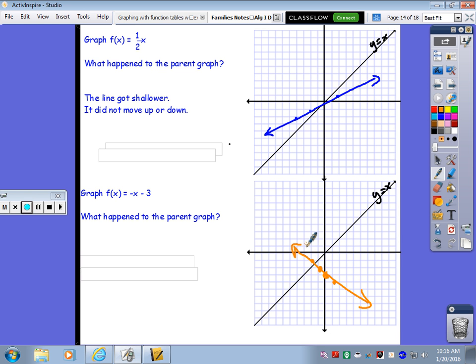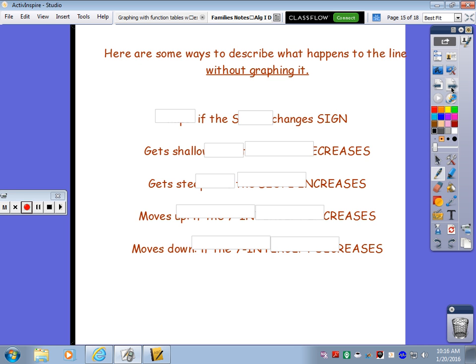How could you describe what happened to the parent graph? Well, the line flipped, and the line moved down 3 units. So you see the differences that those make.